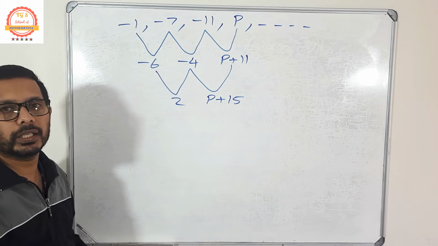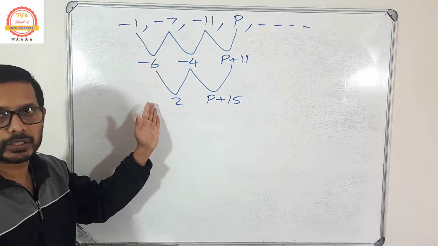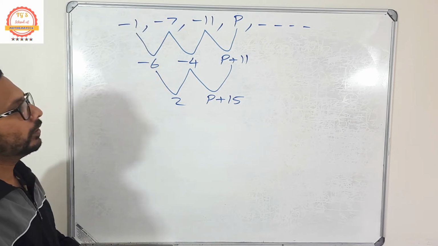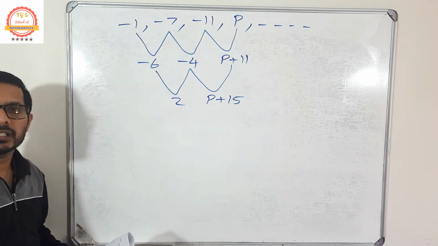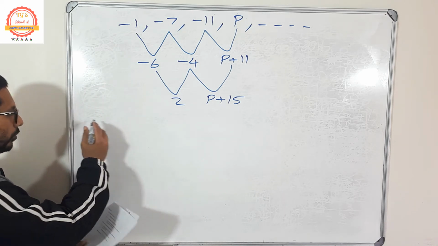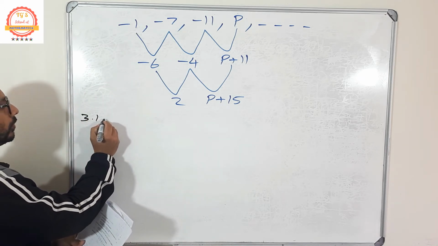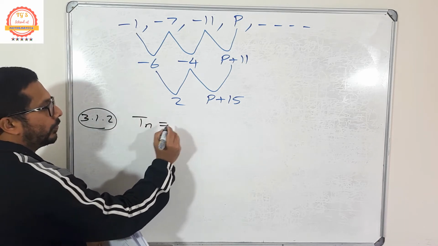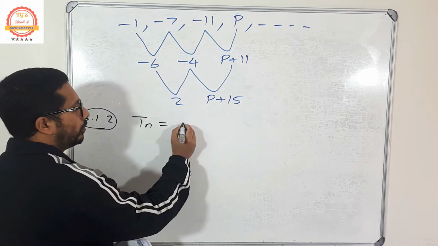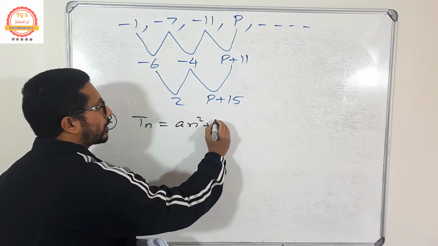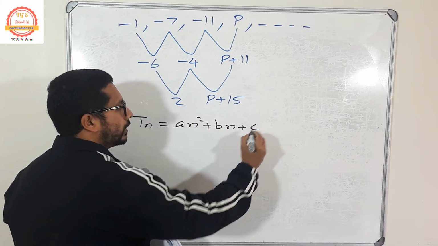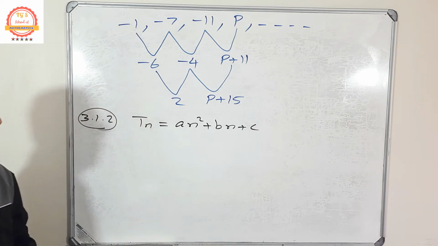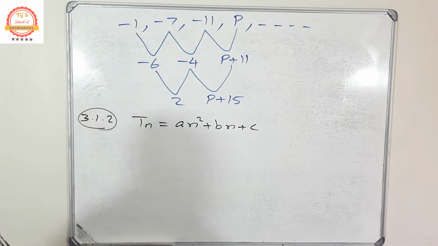You have to find the nth term of this sequence. Since this is a quadratic sequence, what is the formula to find the nth term? Tn is equal to an squared plus bn plus c. This is the formula to find the nth term of a quadratic sequence.